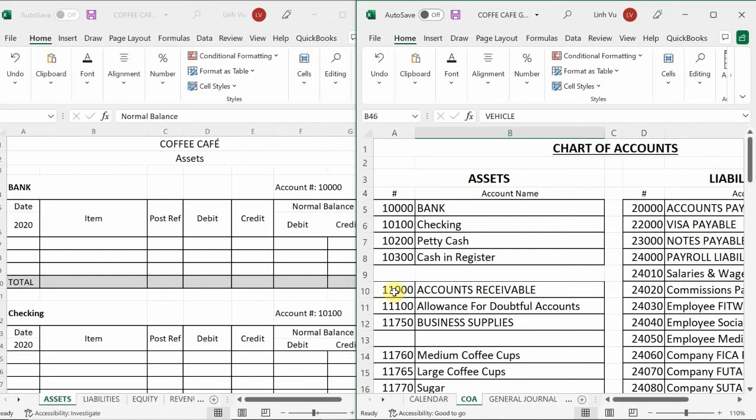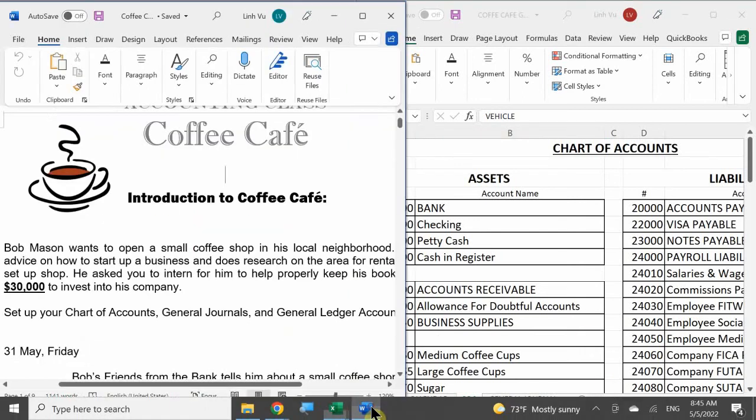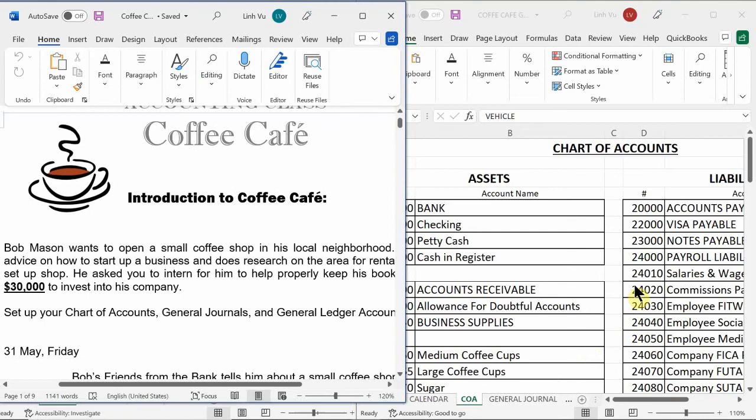So for the first 2 weeks, I'm going to be showing you how to go through the scenarios using the transaction analysis, as well as using your accounting model. Your accounting model is the one with the increases and decreases.